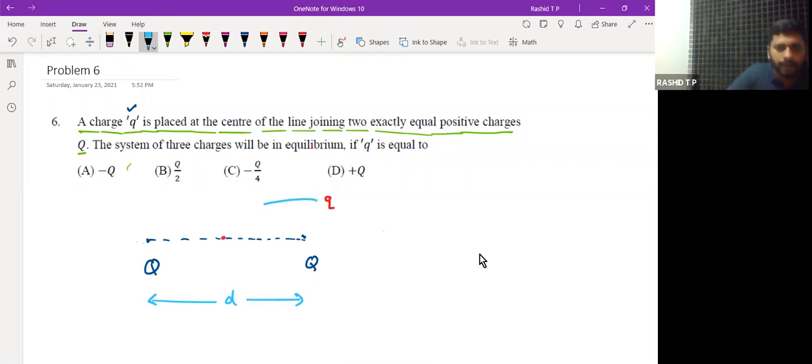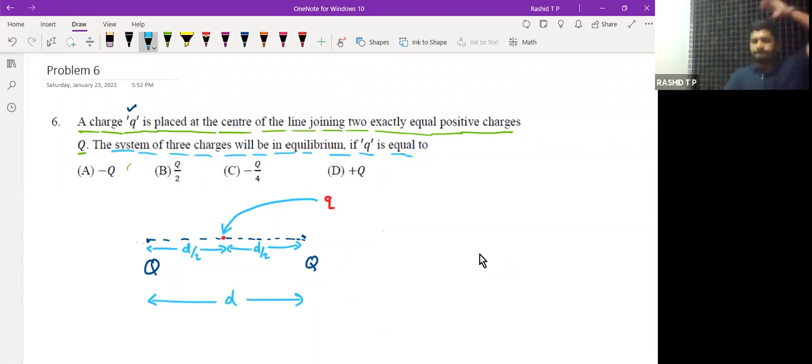We have to bring and deposit our charge exactly at the center of the line joining the two charges, so that the system of the three charges will be in equilibrium. What is the value of this newly inserted charge? This is another common type of problem asked on Coulomb force in various competitive examinations.